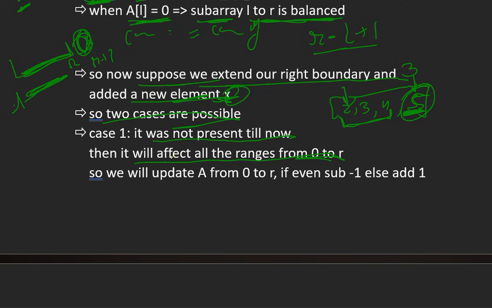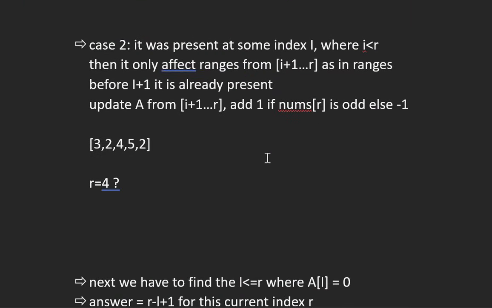This new element is affecting all the ranges from the starting index 0 up to R. So we have to update A from 0 to R: if our number is even, we subtract 1, else we add 1 to all the indexes that are affected.